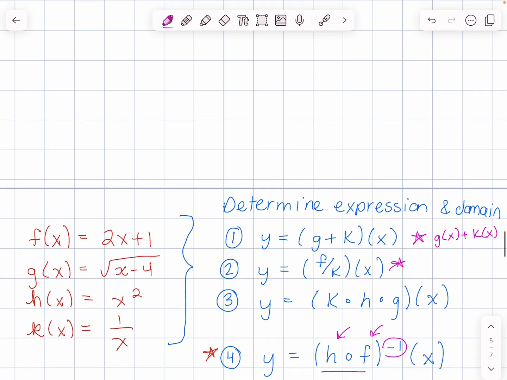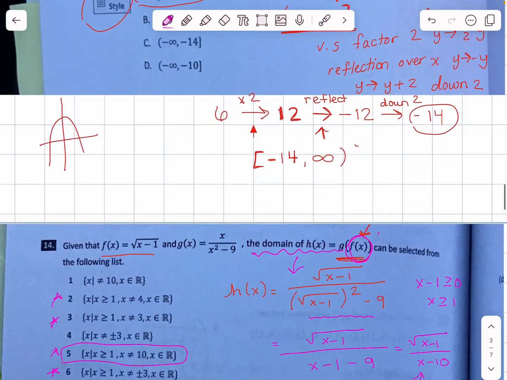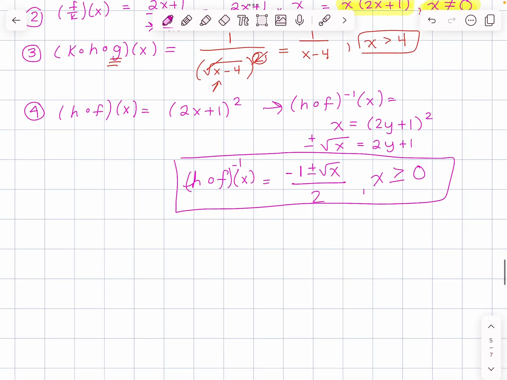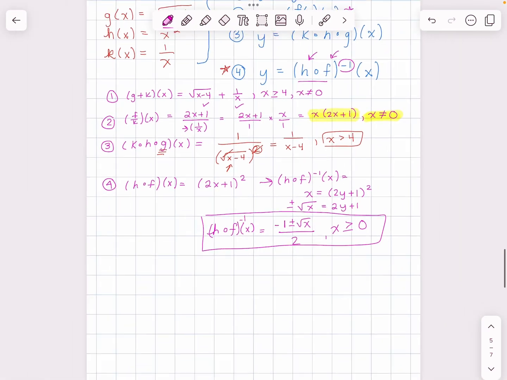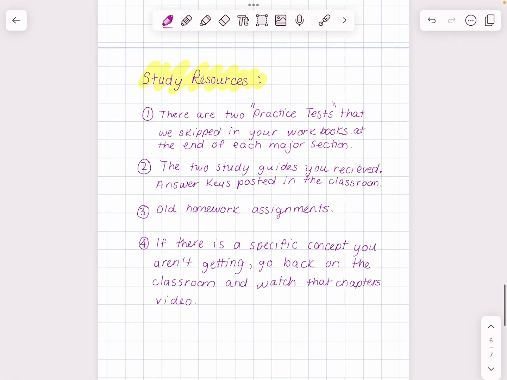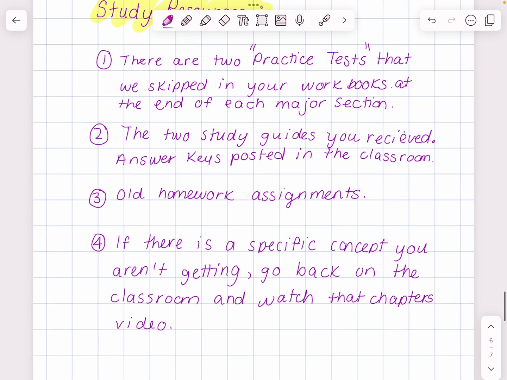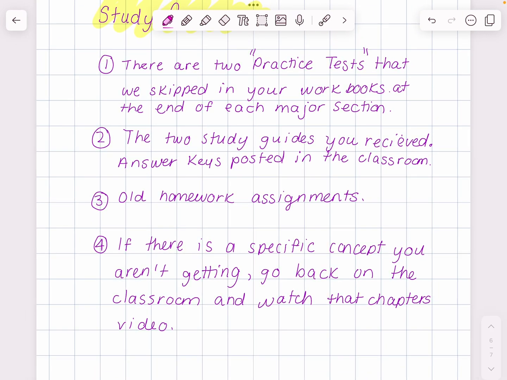If you made it through this in the time of your class, I'm glad. If not, hopefully you can watch it at home. I can also share this whole document. Here are some places that you can study inside of your booklet. There are 2 practice tests. I think I've showed you that I never assigned, that we skipped at the end of each major section. Great things to study.